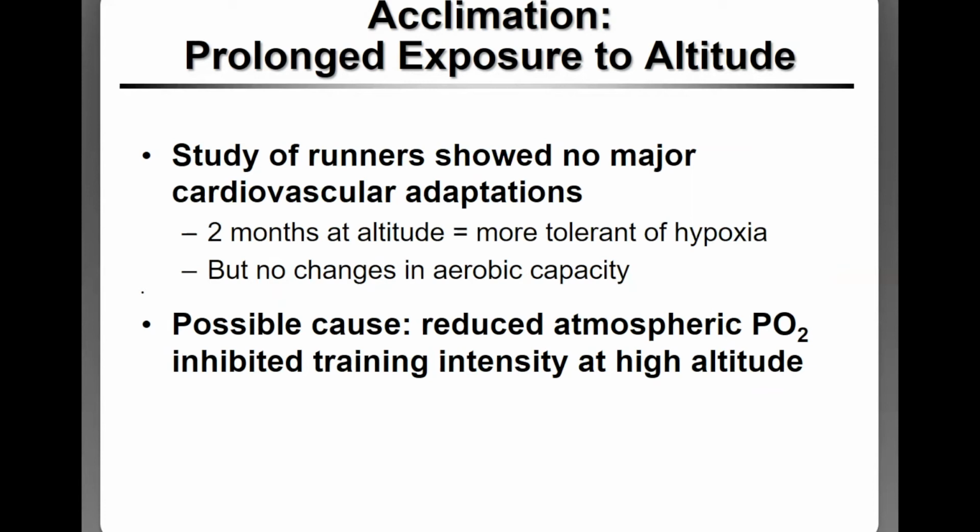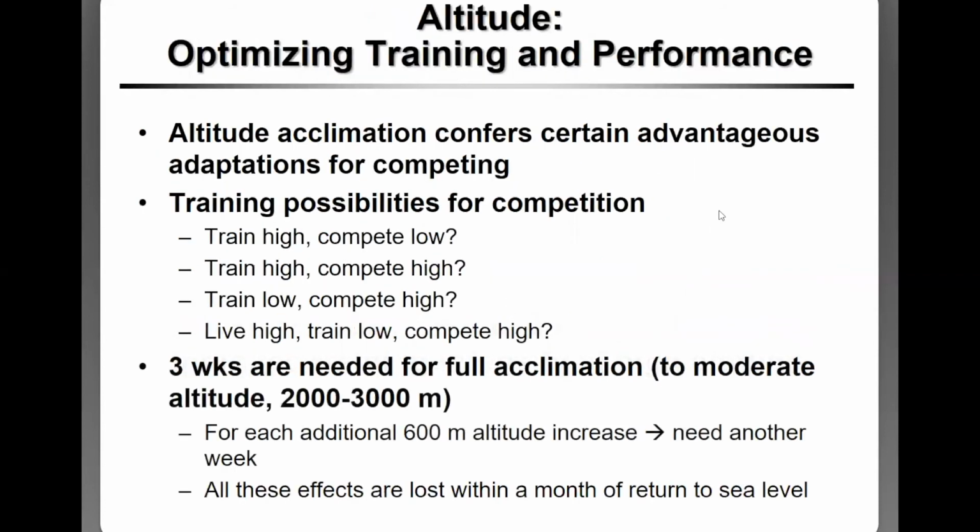And this is probably due to the fact that at altitude, you're not able to train at the same intensity as you are at sea level. So the investigators did not find improvements in the left ventricular internal diameter, the left ventricular wall thickness, and so on.